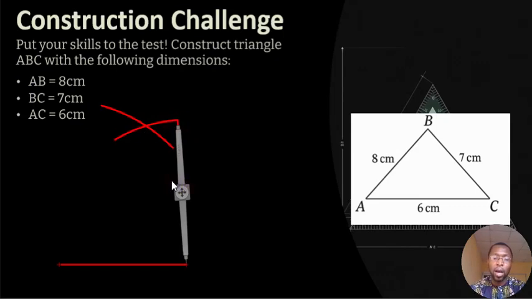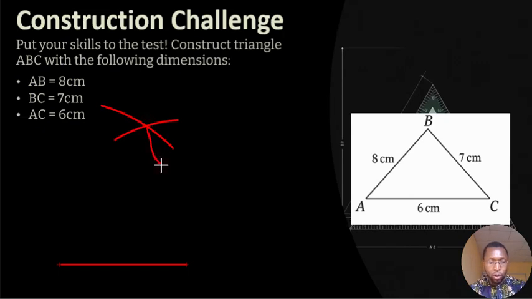That's the second arc based on the instruction we got. Then I can take away my compass and get my pencil to this point where the two arcs intersect.